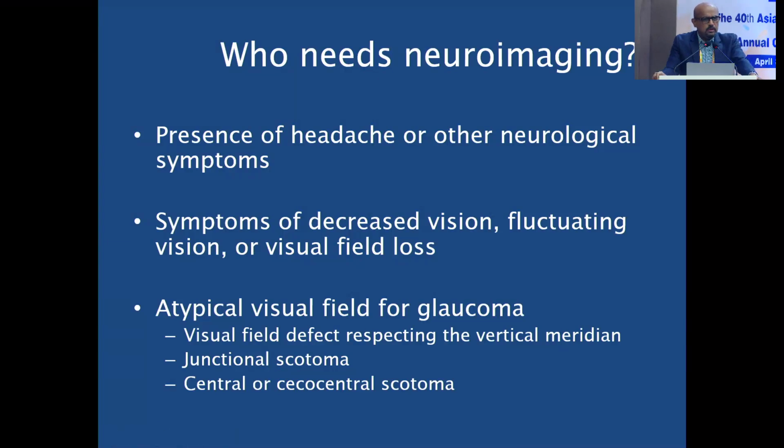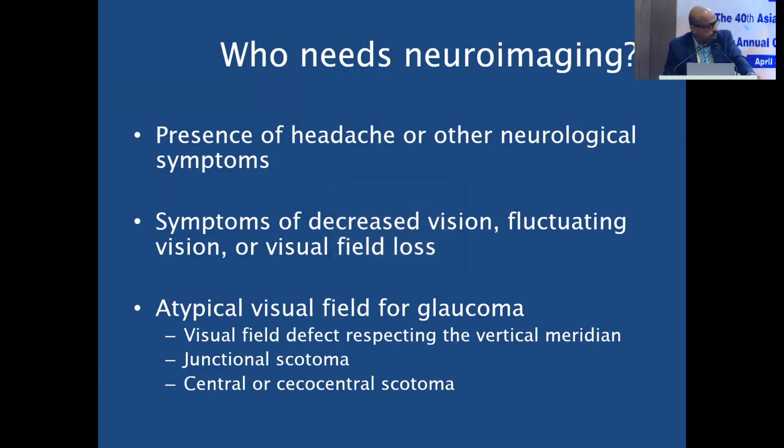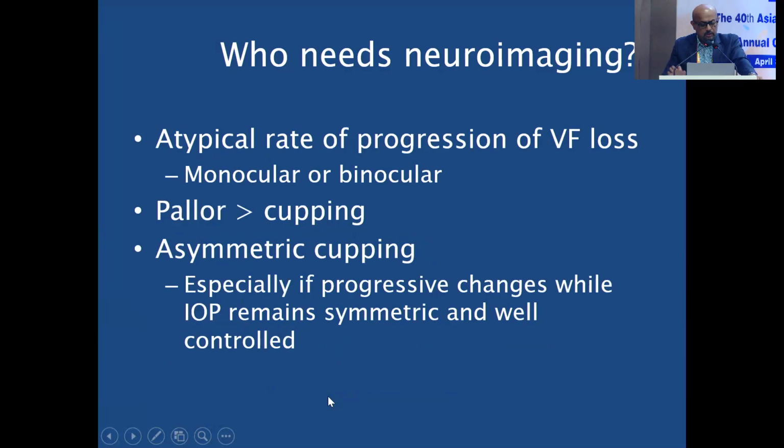So who would really need neuroimaging if you are treating a patient with glaucoma? Presence of headache or any other neurological symptom, obviously you would look for a neurological cause. Decreased vision, fluctuating vision, a vision loss. Atypical visual field for glaucoma, like a visual field which respects the vertical meridian, which is predominantly central or temporal.